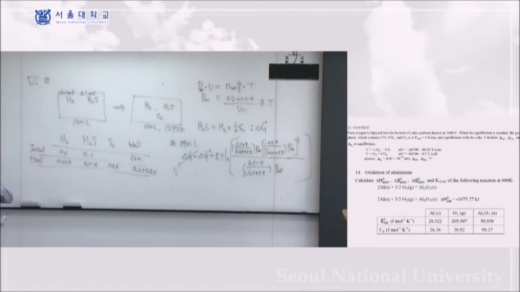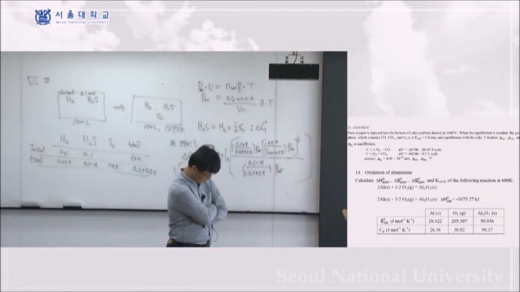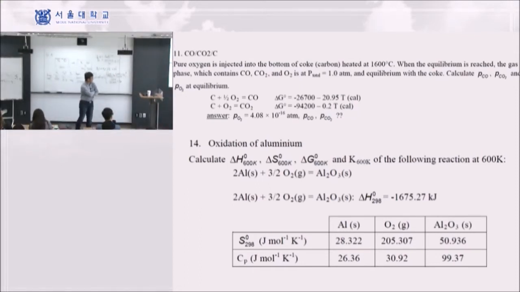Question 11. Now pure oxygen is injected into the bottom of coke heated at 1600 degrees Celsius. When equilibrium is reached, the gas phase becomes CO, CO2, and O2, and the total pressure equals 1 atm.